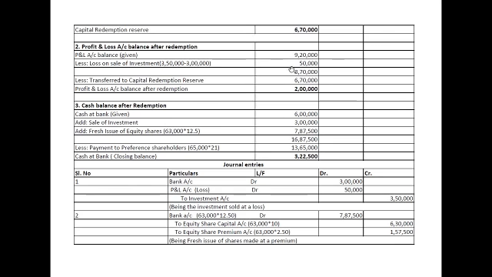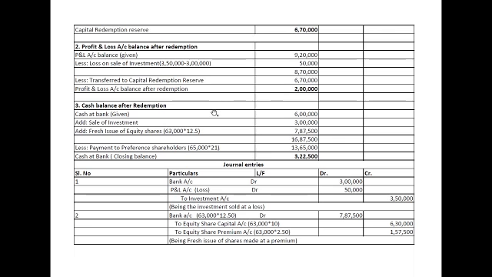So you deduct 50,000 and you get 8,70,000. From 8,70,000, you require 6,70,000 for creation of capital redemption reserve. If you deduct that, the profit and loss account balance after the redemption will be 2 lakh. This should be written in the balance sheet after the redemption.